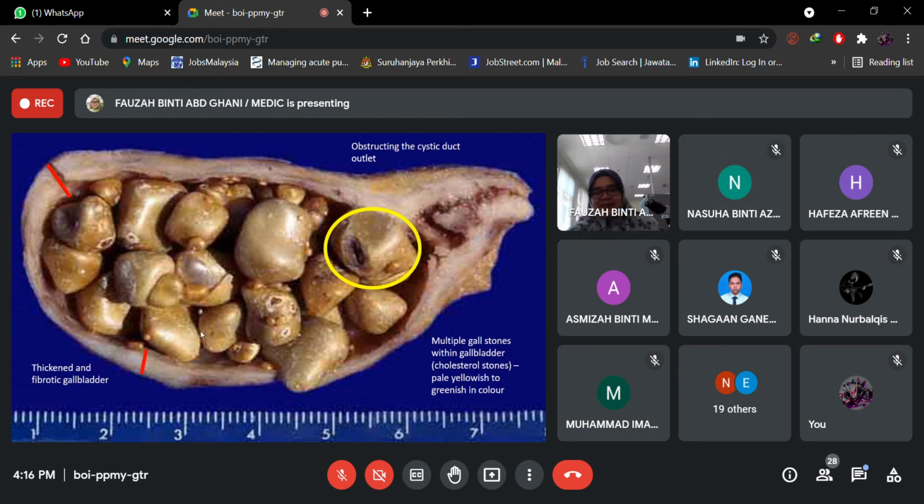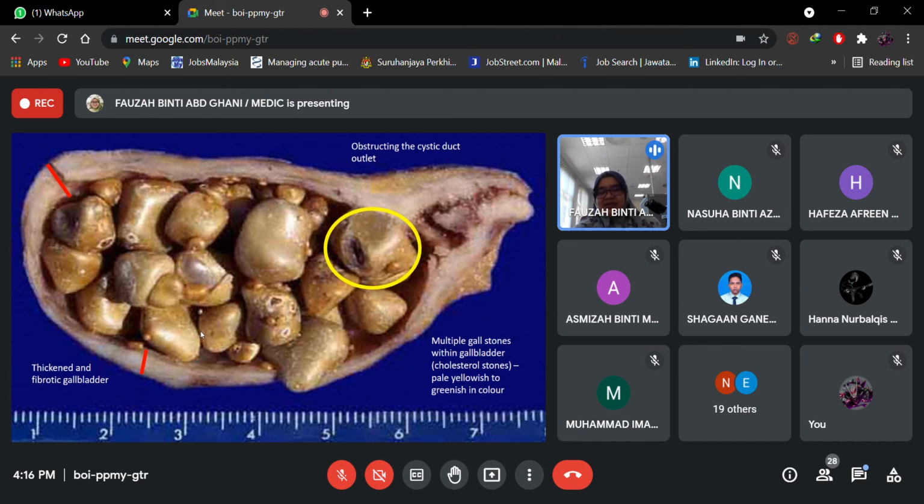So as a result of these multiple stones of varying sizes, a lot of the stones are large, and they're occupying almost the entire gallbladder.